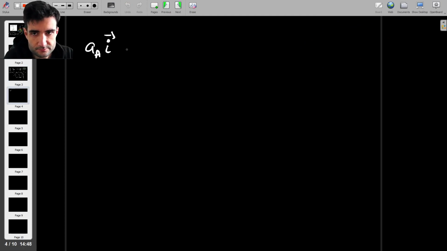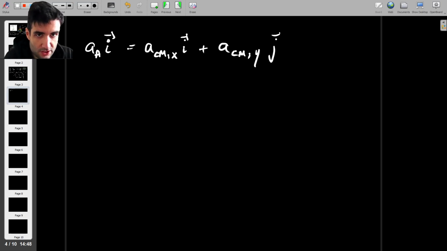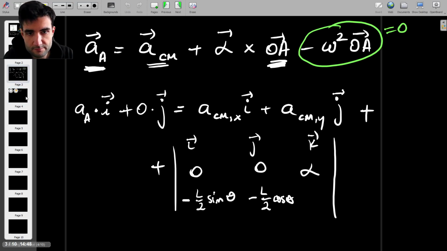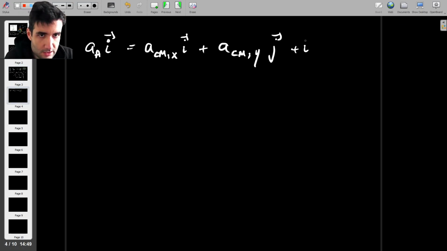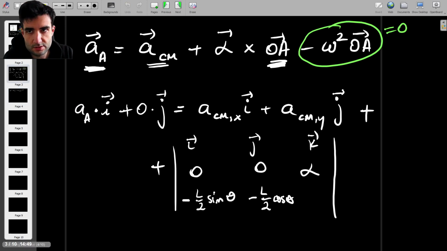So we have only this on the left, and on the right we have the acceleration of the center of mass in x times i plus the acceleration of center of mass in y times j, and then we have plus i multiplied with. So let's do the i component first.